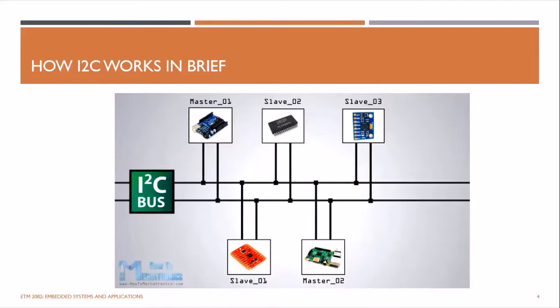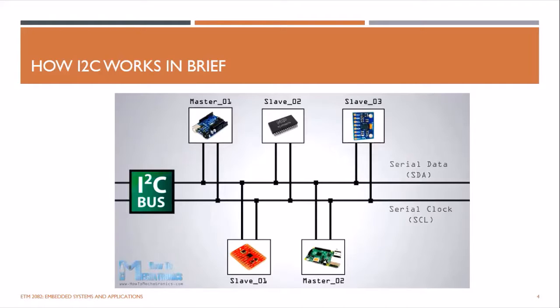The two wires or lines are called serial clock or SCL and serial data or SDA. The SCL line is the clock signal which synchronizes the data transfer between the devices on the I2C bus and is generated by the master device. The other line is the SDA line which carries the data.